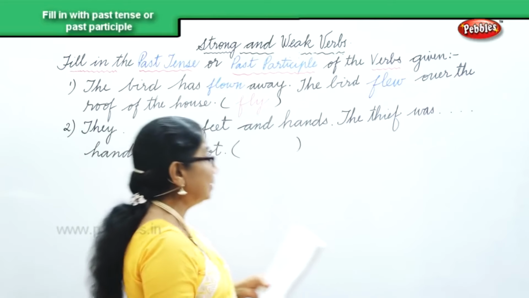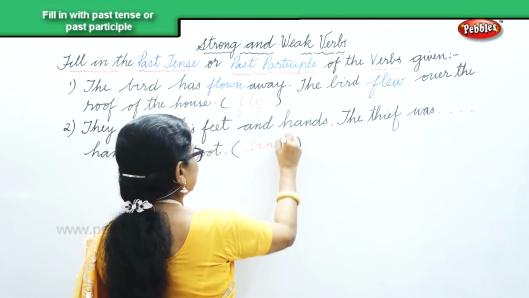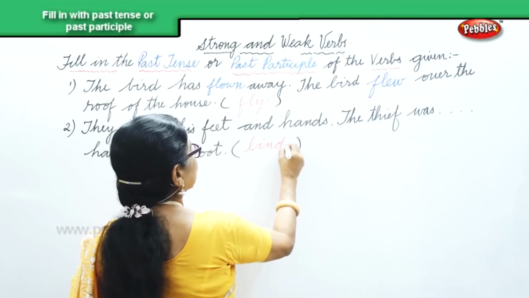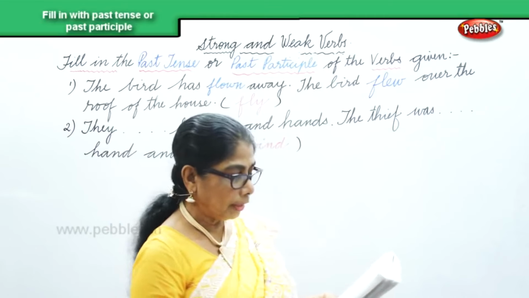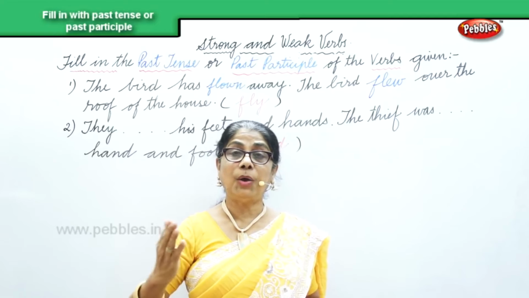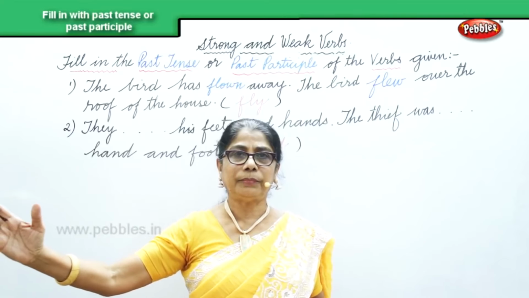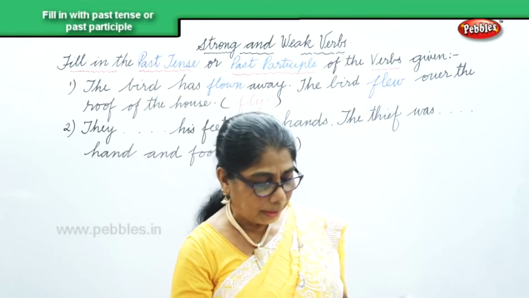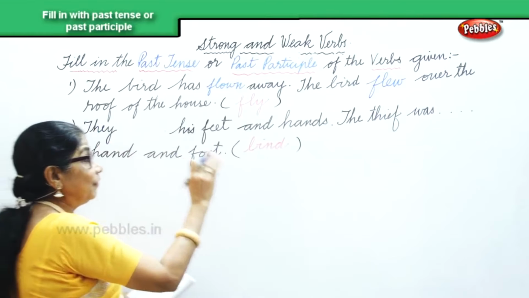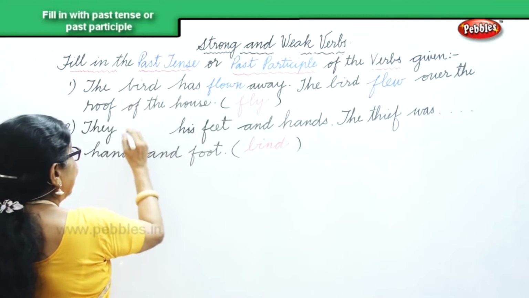In the present, you have bind. Bind will become bound. Bind, present, bound, and in the past participle also bound only. Bind, bound, bound. Okay, now let's write it down.